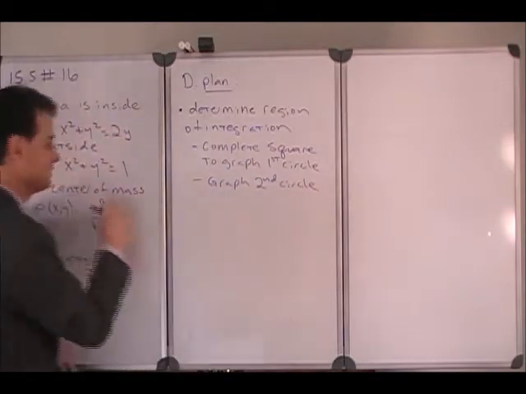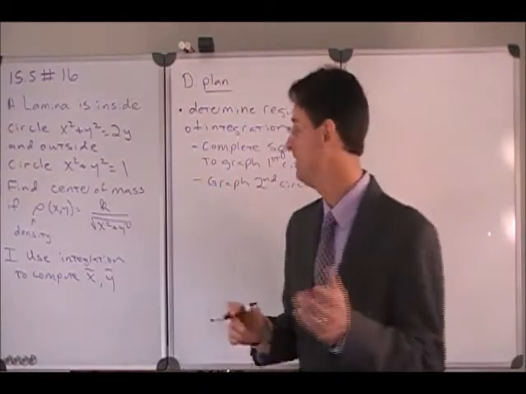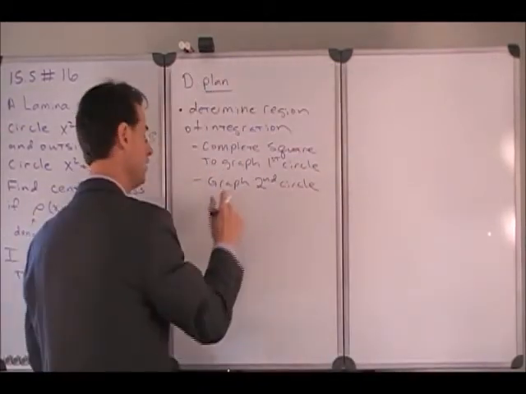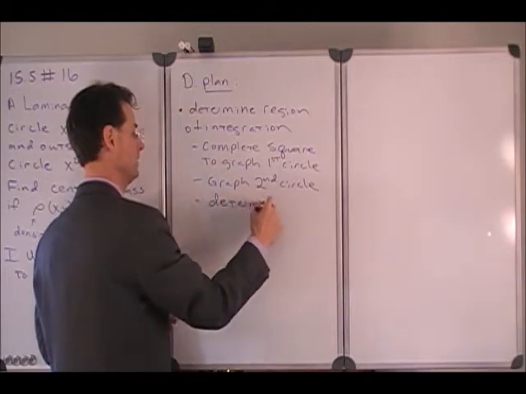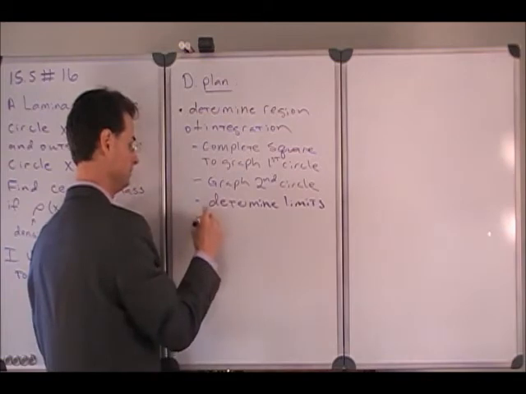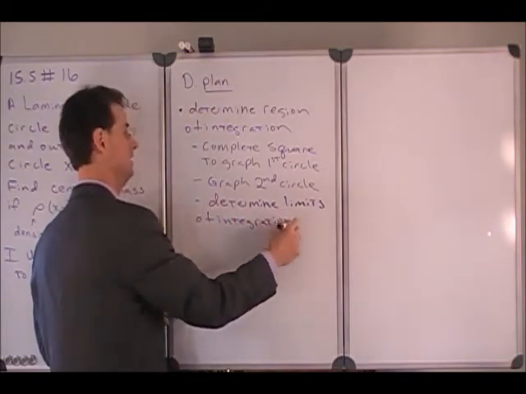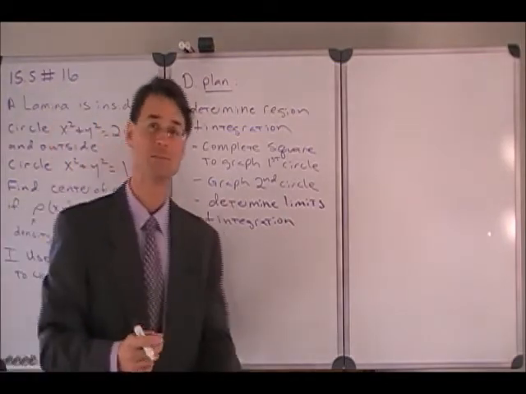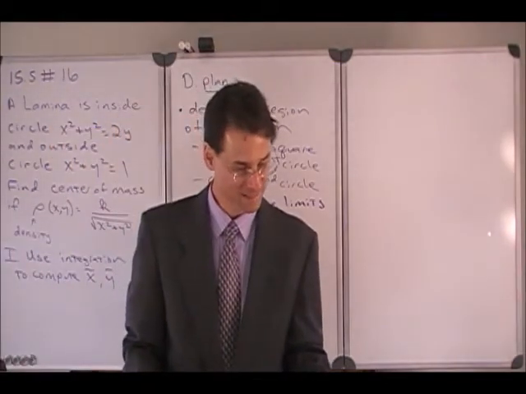That one's a little easier because it's just x squared plus y squared equals 1. And then we need to look at that graph to determine the limits of integration. And these sound like simple steps, but we really need to keep our thinking caps on through the process.